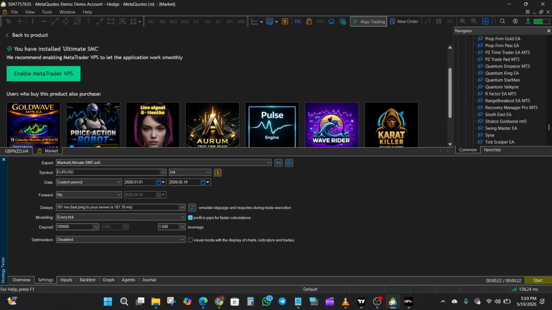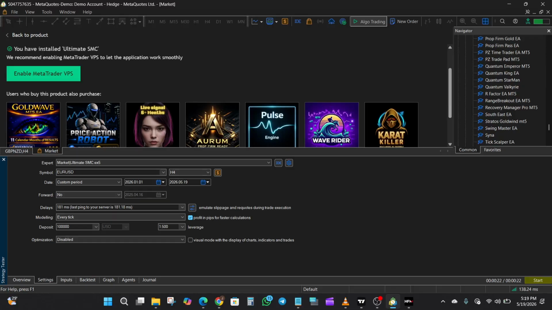Okay, because this system is built around multiple SMC concepts like structure blocks, fair value gaps, and liquidity areas, the historical behavior reflects a more structured and conditional approach to entries rather than random execution.